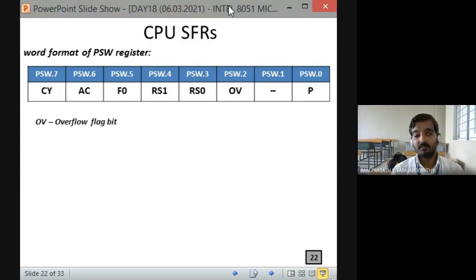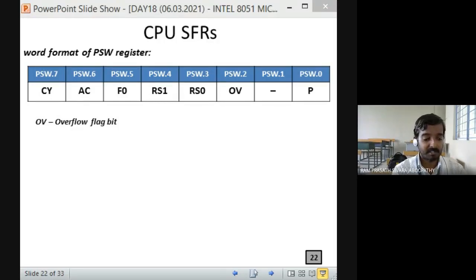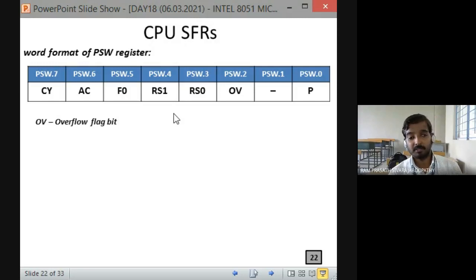When you are operating with signed numbers, if your result exceeds plus 127 in decimal or goes below minus 128 in decimal, that is, if it goes beyond the range minus 128 to plus 127, we call it overflow.